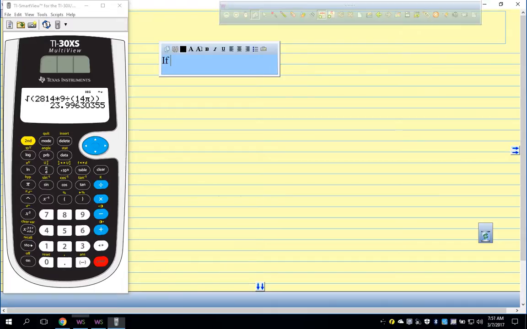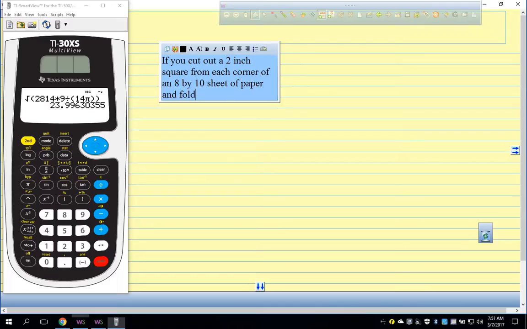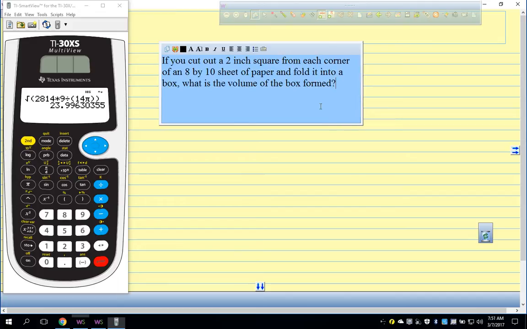If you cut out a 2-inch square, what is the volume of the box? You have a similar question like this on your homework.